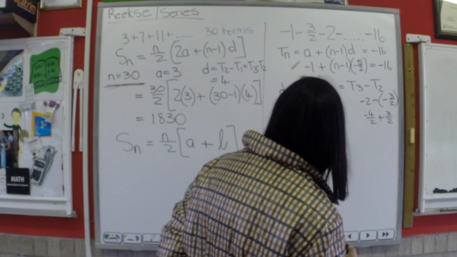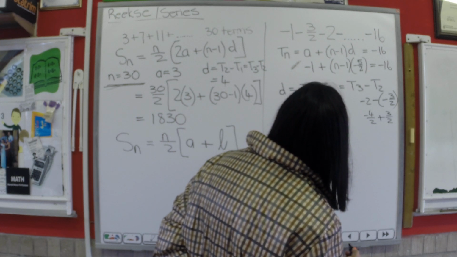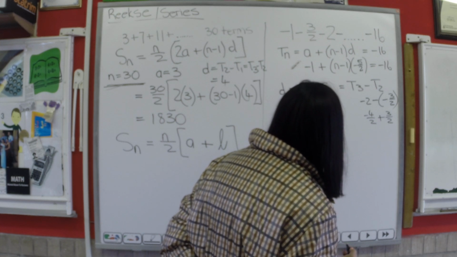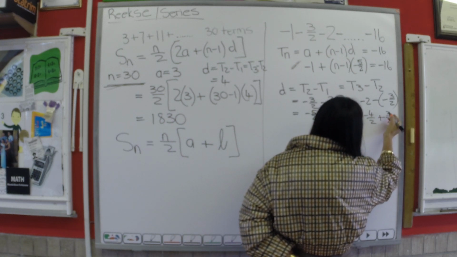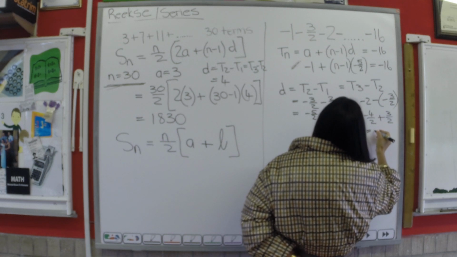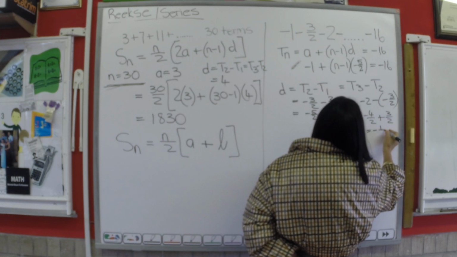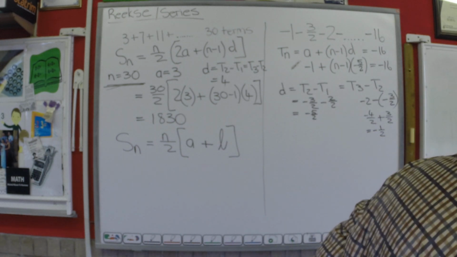Just check this out. Minus 2 minus 3 on 2. Gives me minus 4 on 2 plus 3 on 2. That gives me minus a half. You can just check whether I've written it down correctly.